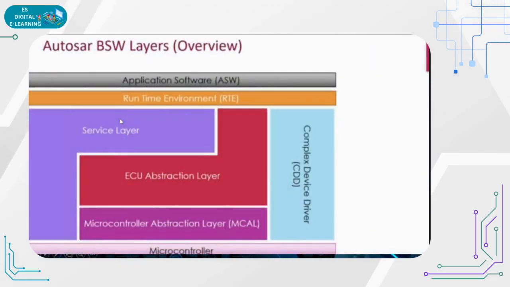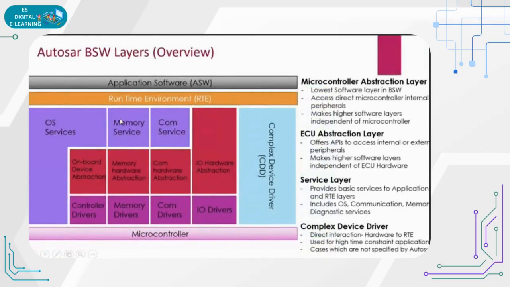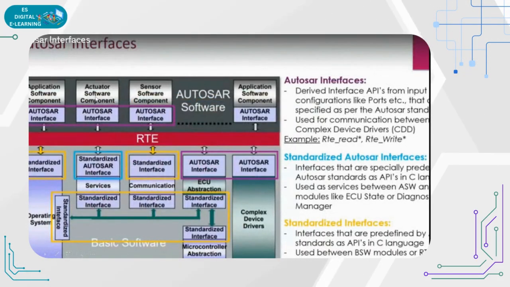Okay. And next are the internal components which we have. The service layers are OS services, memory services, COM services. As I have given detailed information here, we additionally have the complex device drivers. And what other information does it have internally?